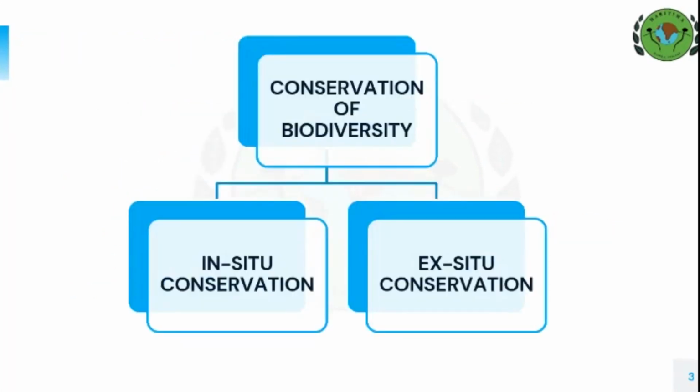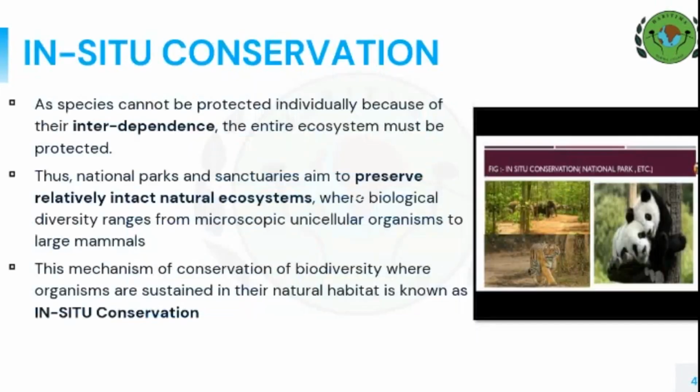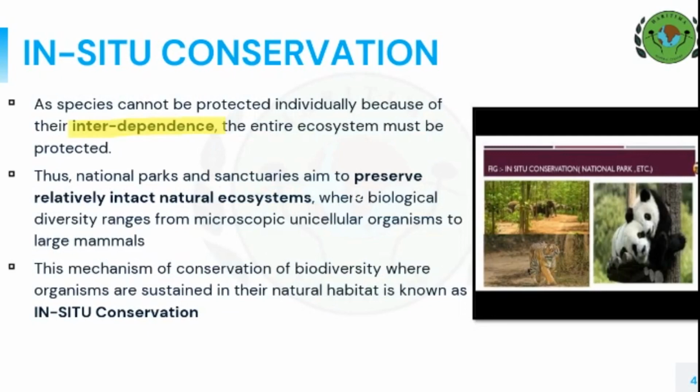Basically, conservation of biodiversity is classified into two types: in-situ conservation and ex-situ conservation. Starting with in-situ conservation. As we all know, species cannot be protected individually. Because of their interdependence, the entire ecosystem must be protected.